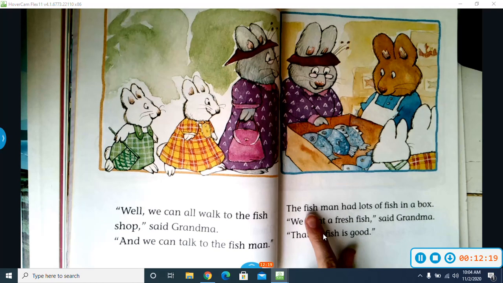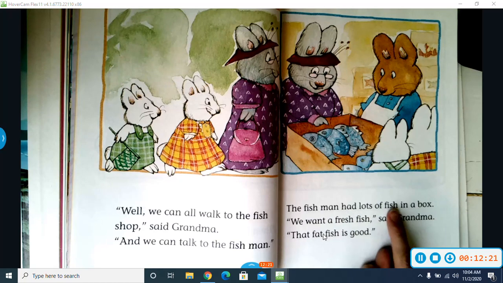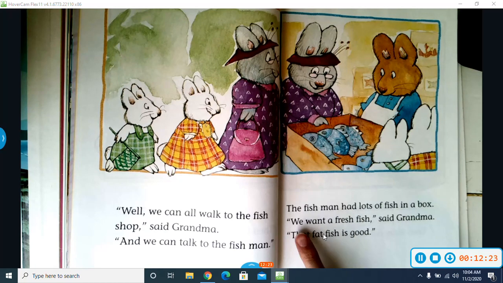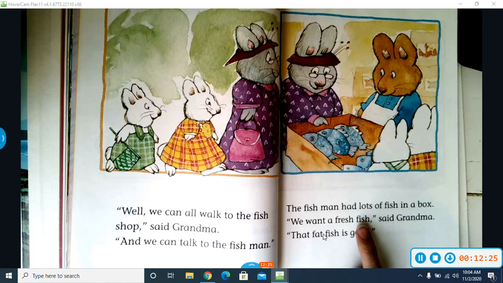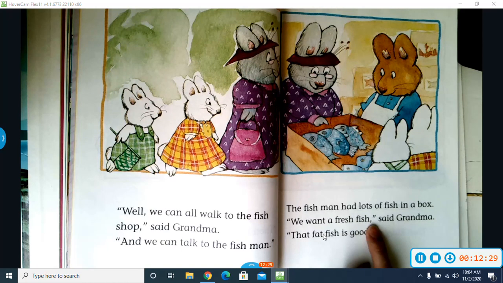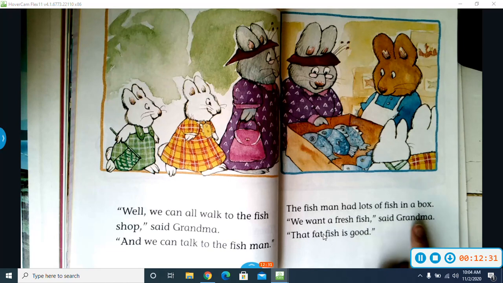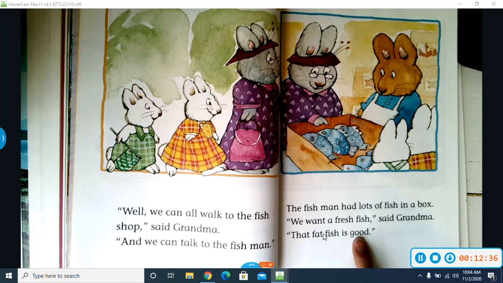The fish man had lots of fish in a box. We want a fresh fish. Fresh fish. A lot of SH there, said Grandma. That fat fish is good.